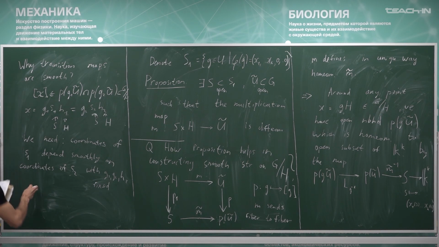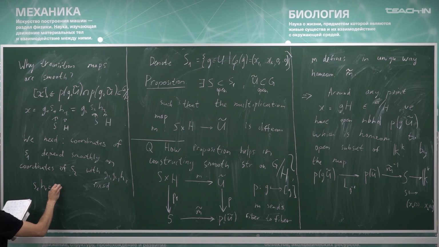Right, so we have S1 H1 is G1 inverse G2 S2 H2. And then let me take coordinates X1 through Xk, the first k of them, because the last are zeros.